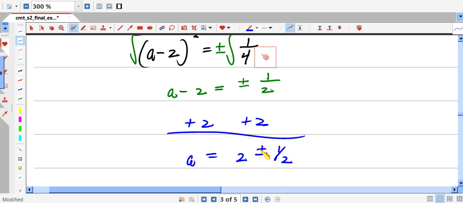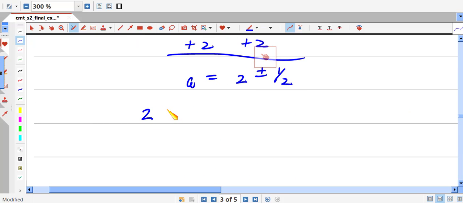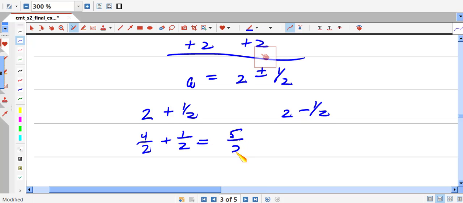All right, so now I'm going to write that as an improper fraction. To do that, I need a common denominator when I add or subtract. So this is going to give me 2 plus 1/2, and the other one is 2 minus 1/2. So 2 is the same thing as 4 over 2, plus 1 over 2 is equal to 5/2.